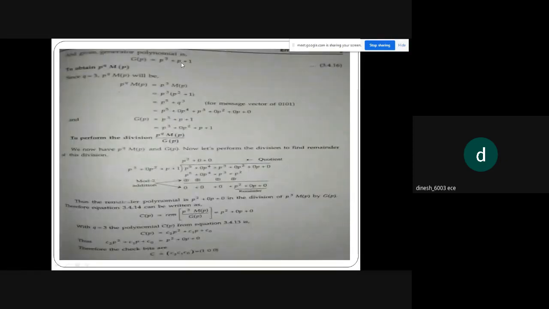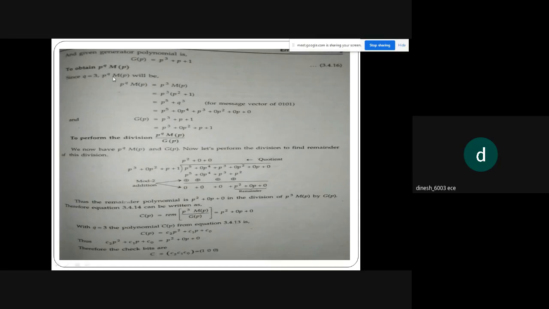So write as it is. The remaining term we have to find is p power q, which can be obtained easily. Why? Because q is known. q is obtained from n minus k. n is 7, k is 4. So we get q is equal to 3.